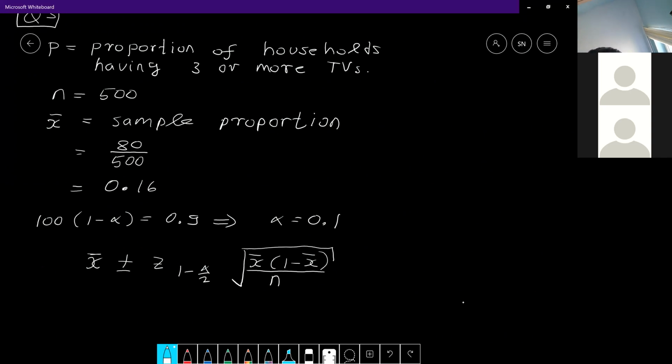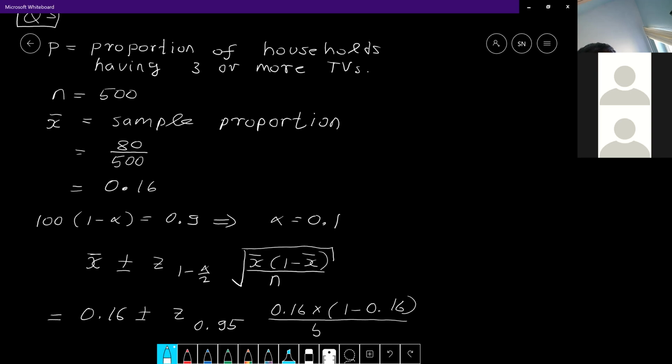So this is going to be 0.16 plus or minus Z. Alpha is 0.1, so it's going to be 0.95. X bar, which is 0.16, multiplied by 1 minus 0.16, divided by 500.